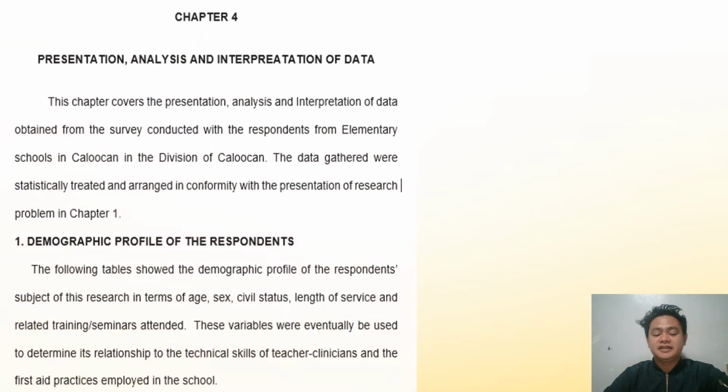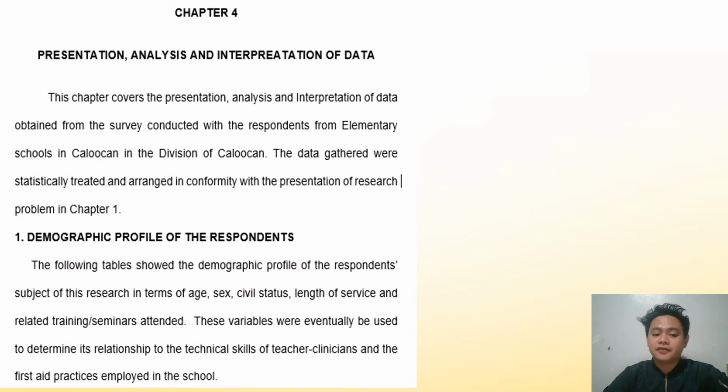Okay, so here are the results. For you to be able to present the data, definitely in chapter 4, you have to use an introductory statement. Since chapter 1 pertains to the demographic profile of the respondents, look closely at how we interpret. The following tables show the demographic profile of the respondents subject of the research in terms of age, sex, civil status, length of service, and related training seminars attended.